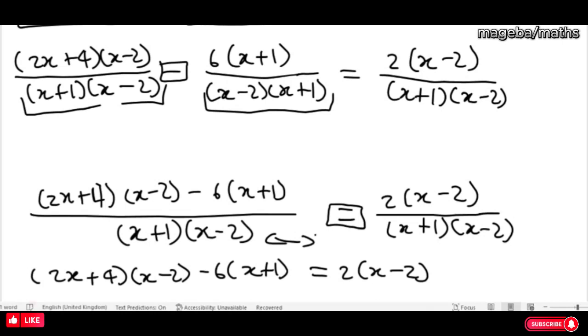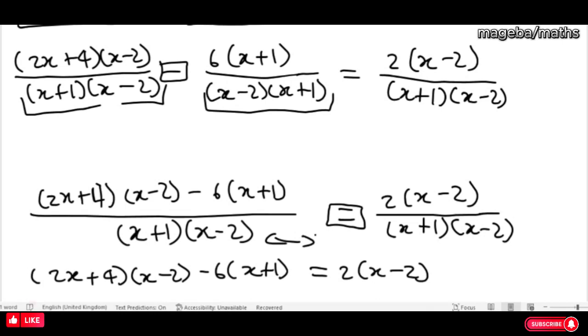Then from here, just to open the bracket, you're going to times this by this, which is going to give us a 2x squared, and then this same 2 times this one here, which is going to give us a negative 4x. Take this 4 times this, it's going to give us what? A positive 4x. Take this 4 times this 2, it's going to give us what?